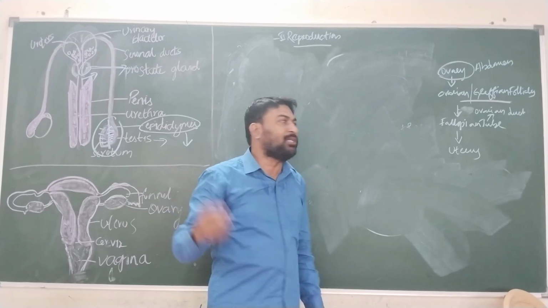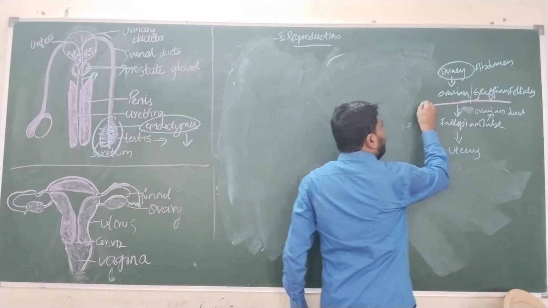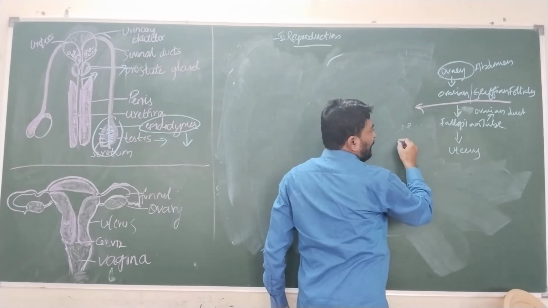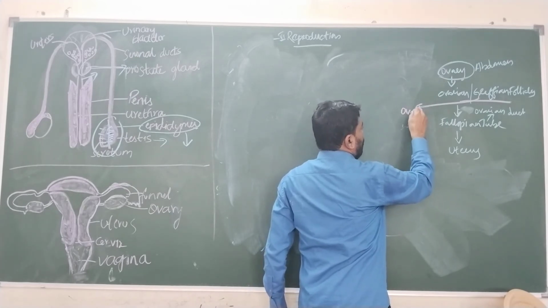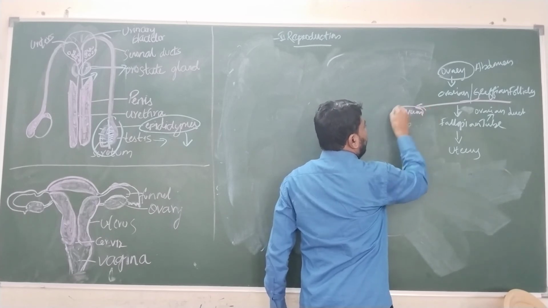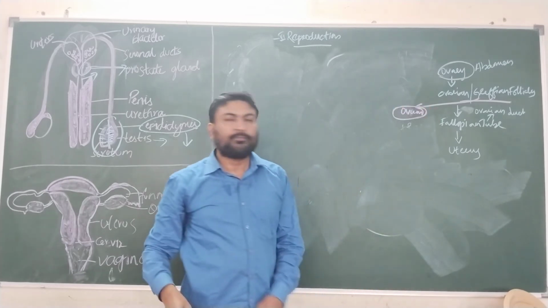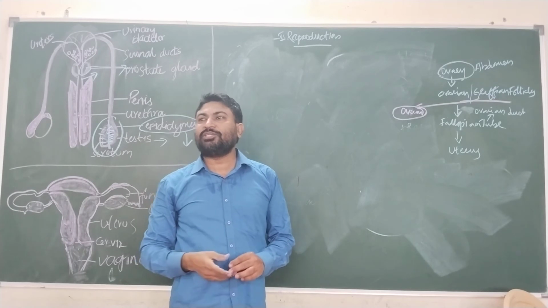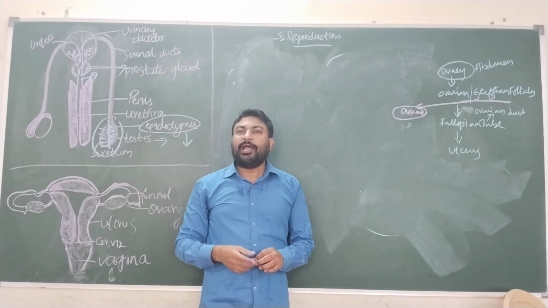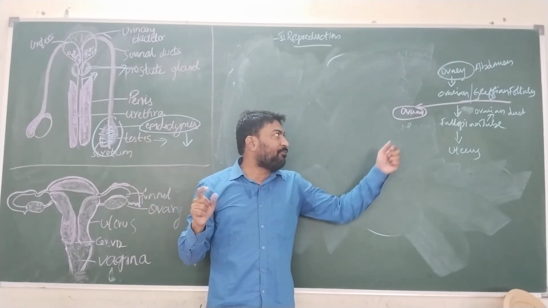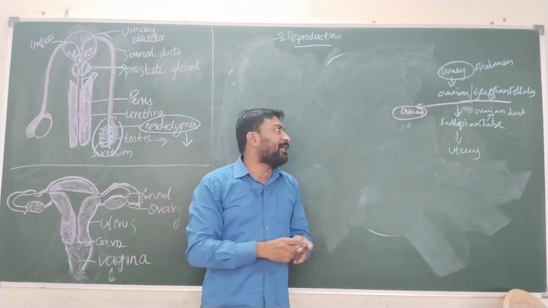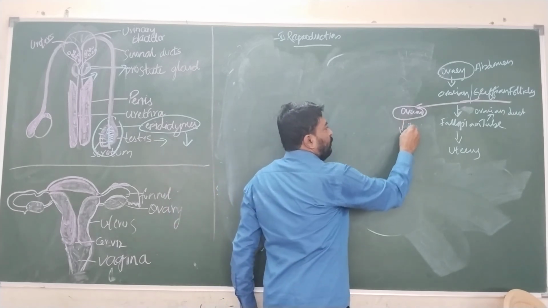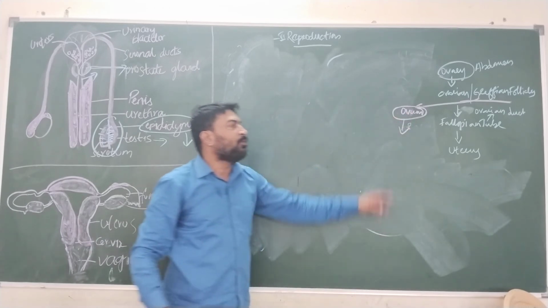These Graafian follicles undergo meiotic division and contain the ovum inside their body. When the Graafian follicle or ovarian follicle matures, it ruptures and releases the ovum into the cavity that is present in the ovary.